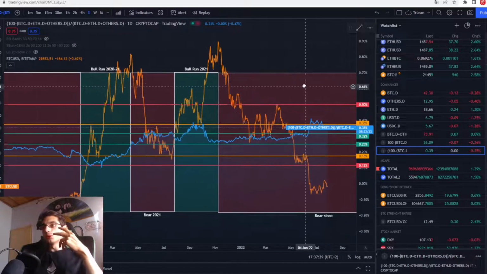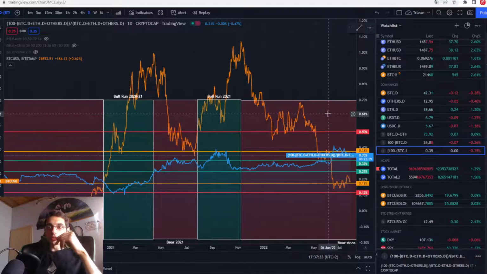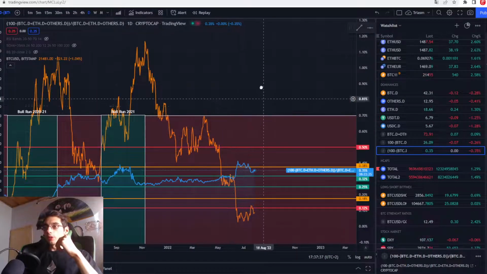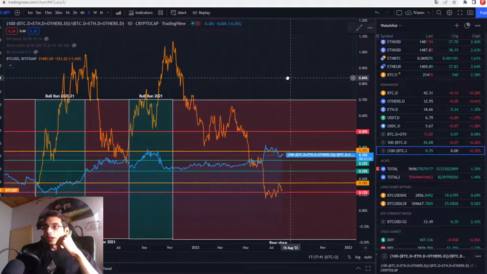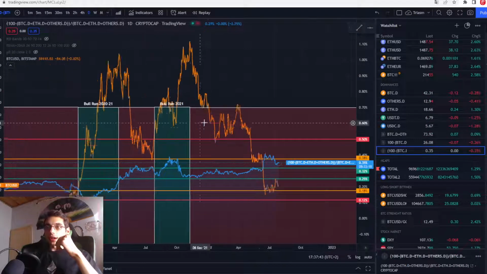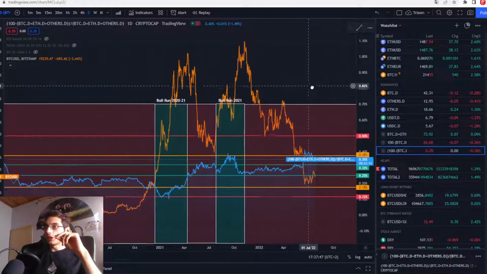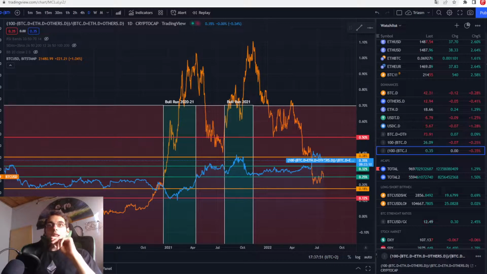So how to use this ratio? How I will use it to understand the market and have a clear confirmation of what is going on. As soon as the price moves in a certain direction, we want to see in this chart if there is a divergence with the price. Let's make an example.